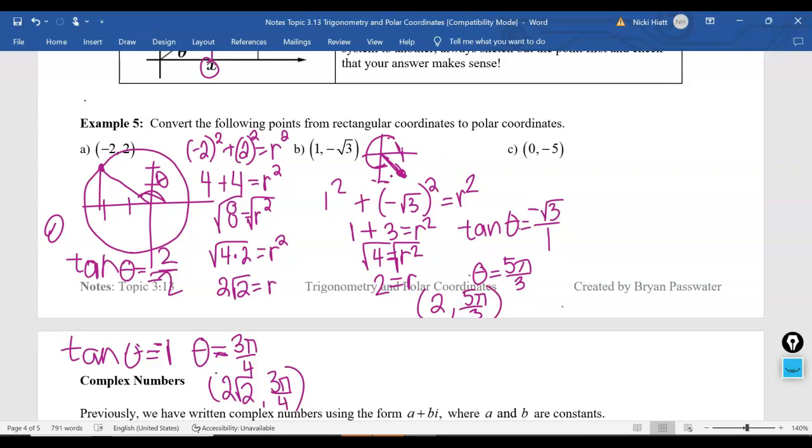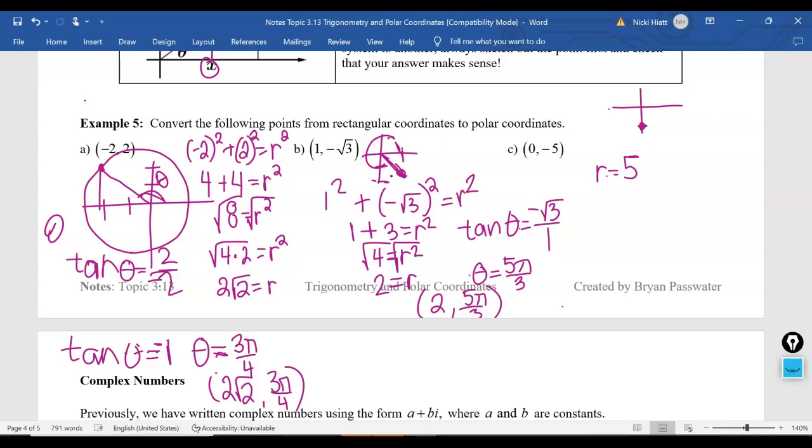Okay, and for the last one here, we've got 0, negative 5. If we think of graphing that point, 0, negative 5, that is going to be right here on the axis. And this one you really don't have to set up very much, because the radius right there is going to be 5, because it's just a vertical line. You don't really have a triangle in this case.